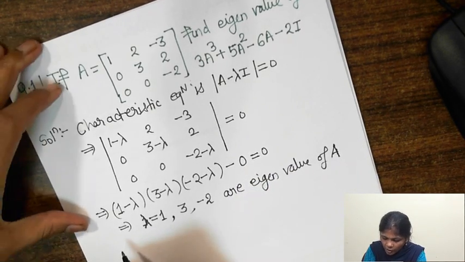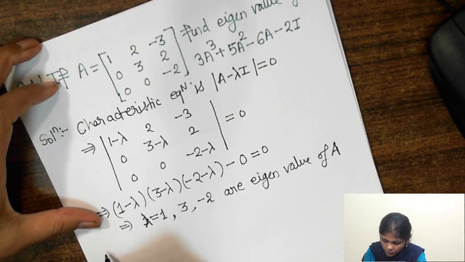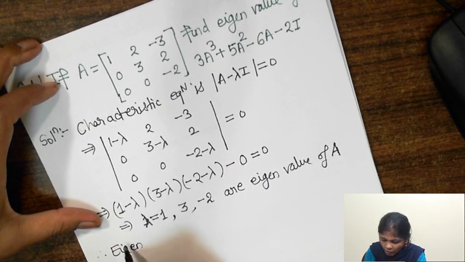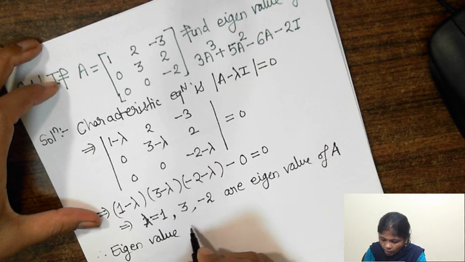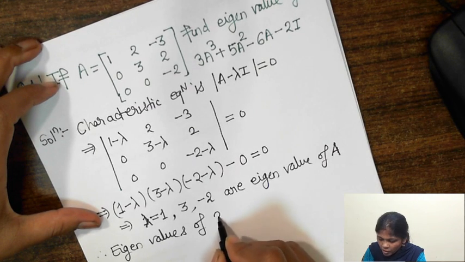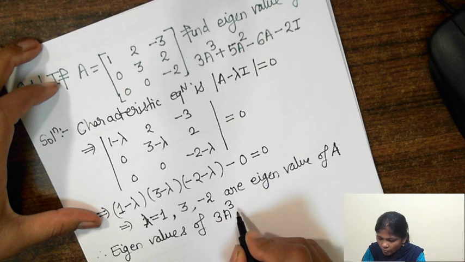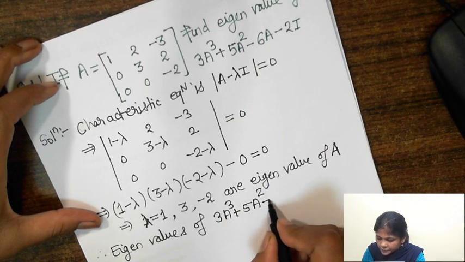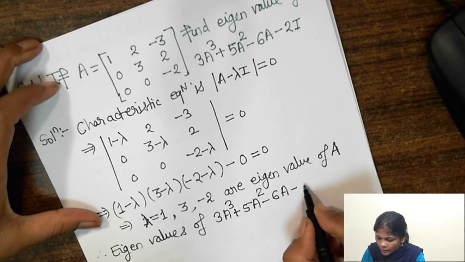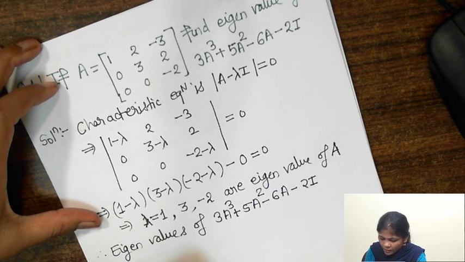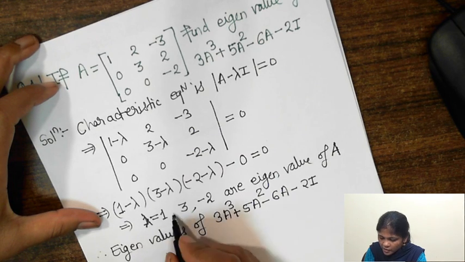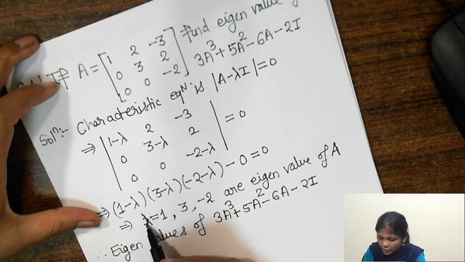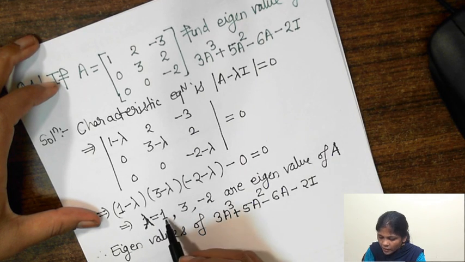So according to the property, the eigenvalues of 3A cube plus 5A square minus 6A minus 2I are required. Let us take the first eigenvalue of A, that is 1.